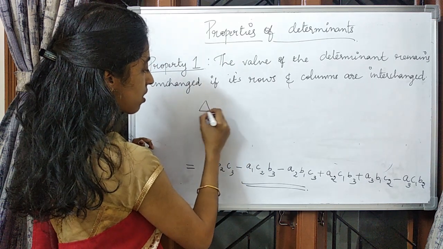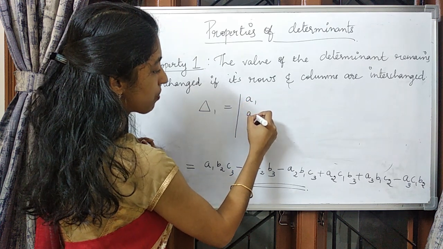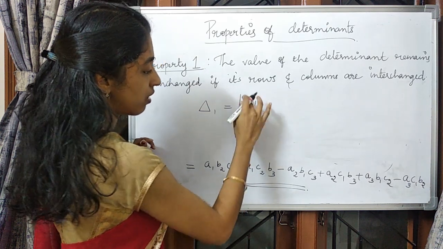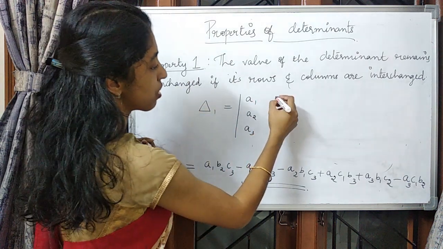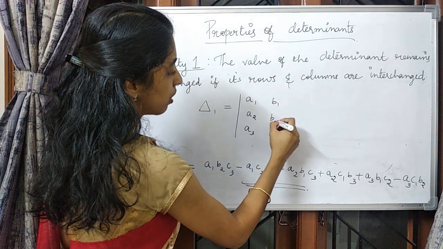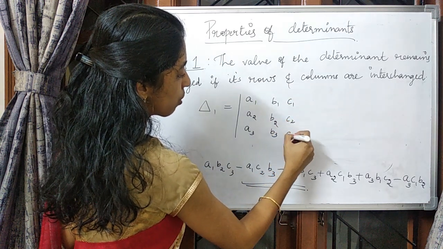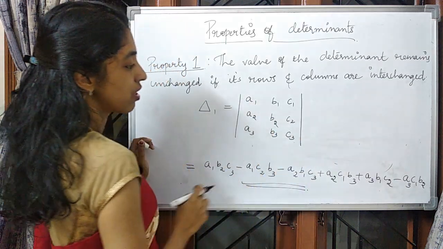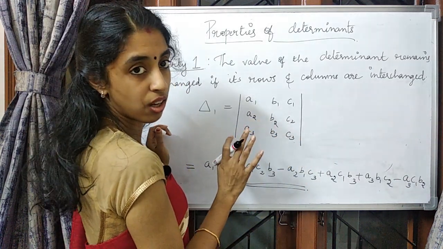The new matrix delta 1 is A1, A2, A3, which was a row in the earlier matrix and is now a column. Similarly B1, B2, B3, then C1, C2, C3.